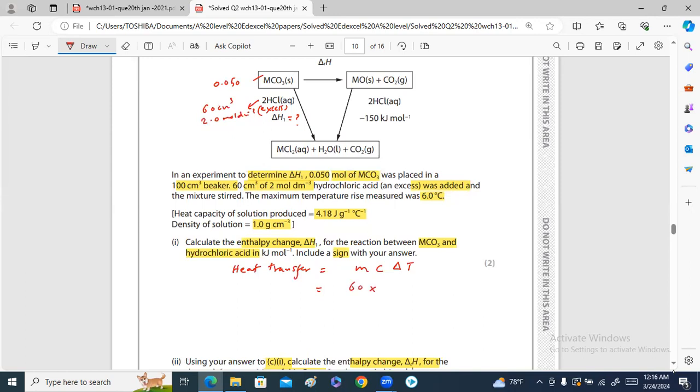Then c is given, which is 4.18, and then the ΔT is 6.0. This value is in grams, 4.18 is joules per gram per degree Celsius, and this is in degrees Celsius. So degrees Celsius and degrees Celsius cancel, grams cancel, and the answer must be in joules. If we have the answer in joules, we can convert it into kJ.